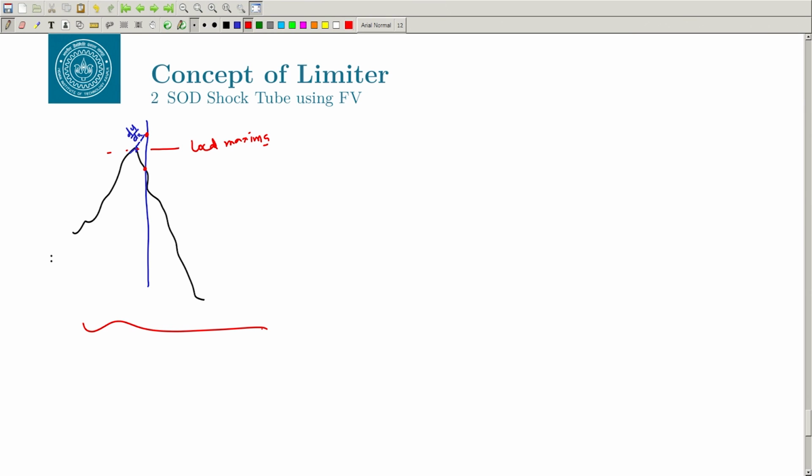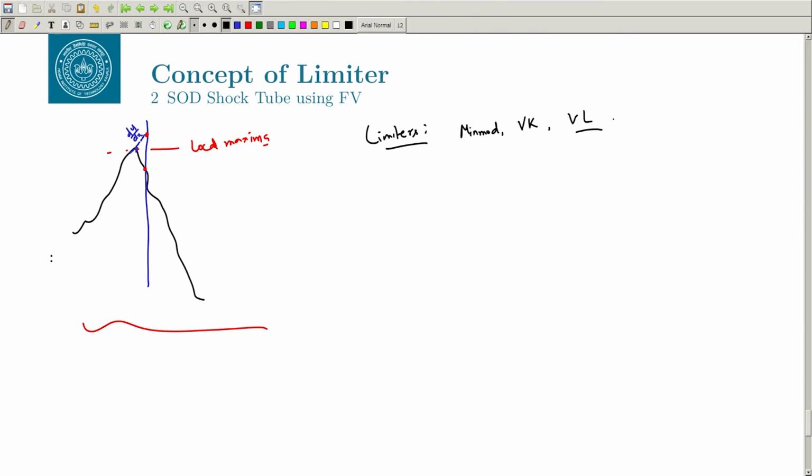So, we need to use some kind of limiters. That is where the concept of limiters comes in. We need to ensure that we are not overshooting the local maxima or undershooting the local minima, going below the local minima. There are many kinds of limiters in the literature: the minmod limiter, the Venkatakrishnan limiter, VK limiter, the Van Albada limiter, VL limiter.